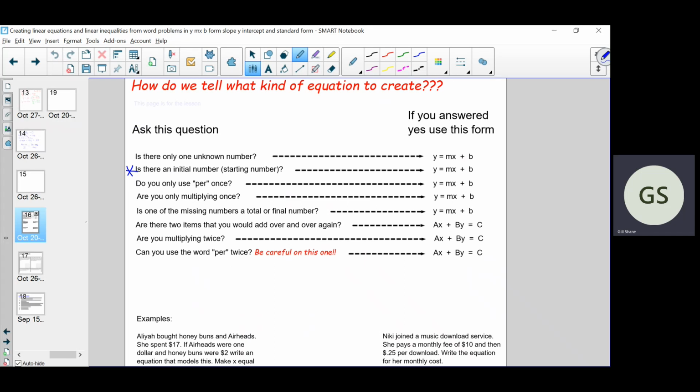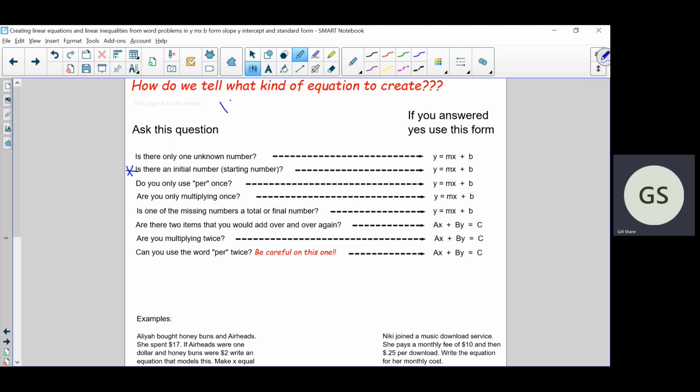So that's the question we said was most important. Because the first thing we have to do, kind of like graphing, we got to figure out which type of equation am I going to use. Am I going to use the y equals mx plus b when I take the word problem and I try to make it into an equation?